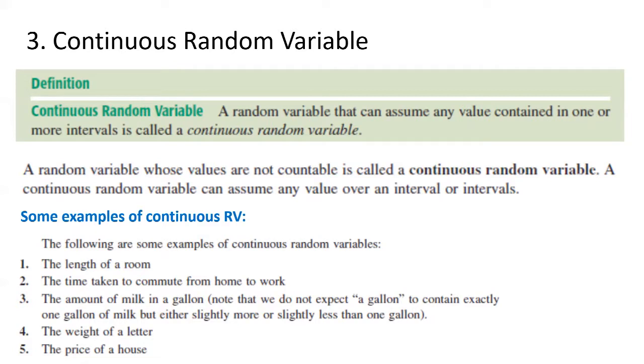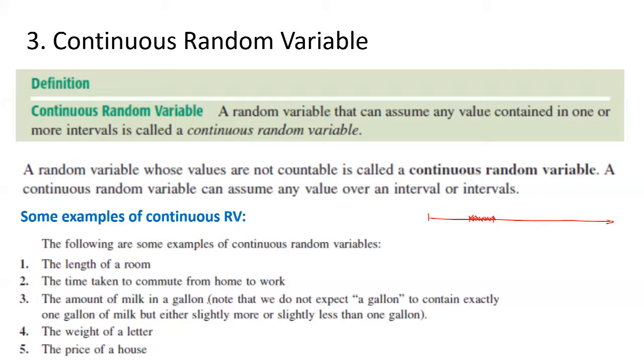A continuous random variable can assume any value over an interval or intervals. This means that on your number axis, there exists at least one interval such that this random variable can be any value within this interval. There exists at least one such interval, right?